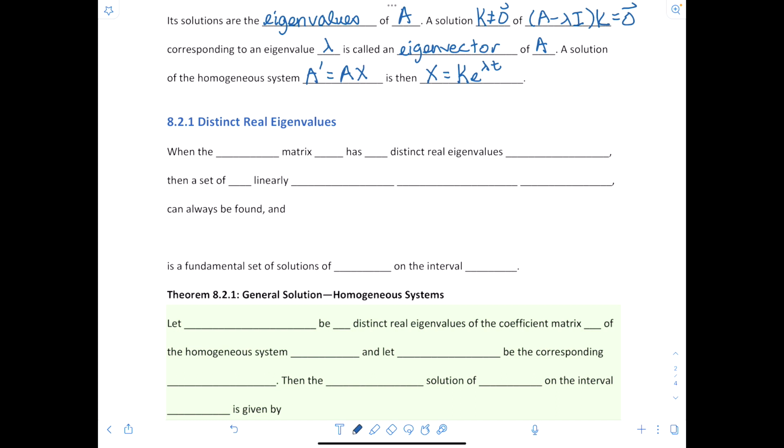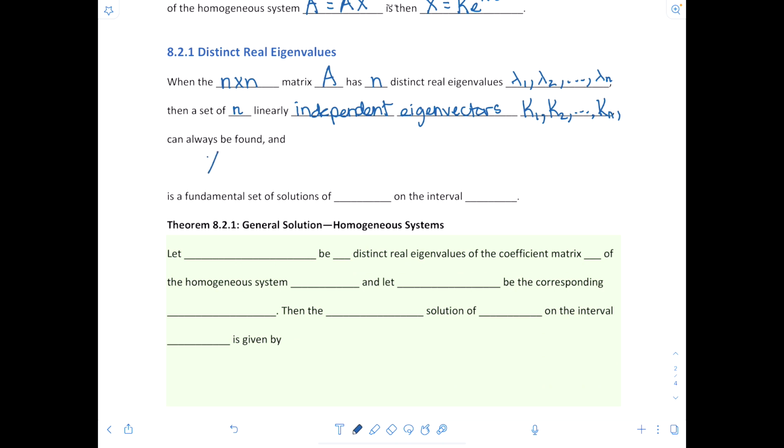When the n by n matrix A has n distinct real eigenvalues lambda 1, lambda 2, all the way down to lambda n, then a set of n linearly independent eigenvectors, capital K1, capital K2, all the way down to capital Kn, can always be found, and capital X1 is just going to be capital K1 times e to the lambda 1 t.